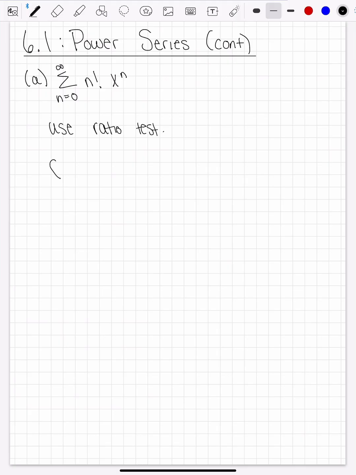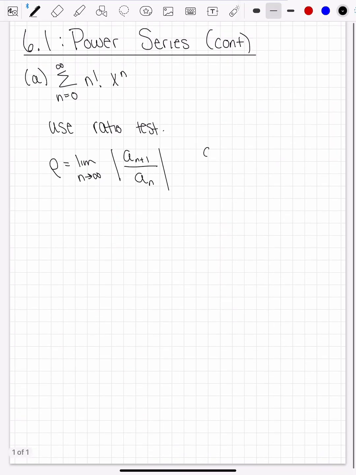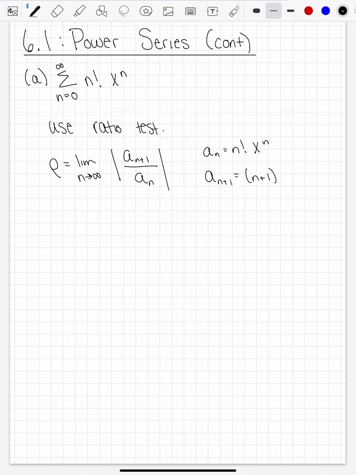Right, so we have rho is equal to the limit as n approaches infinity of a_(n+1) over a_n. Remember, our a_n here is n factorial times x to the n, and a_(n+1) is (n+1) factorial times x to the n+1 power.